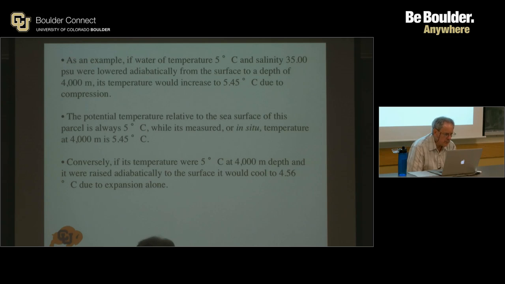So the potential temperature relative to the surface is always, so what you would measure in situ would be the 5.45, but it should have been 5 degrees. Okay. Conversely, if you measured the temperature at 4,000 meters, it was 5 degrees, and raised it to the surface, it would really be 4.56.